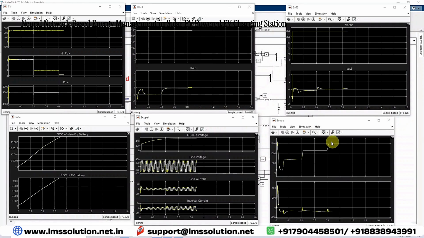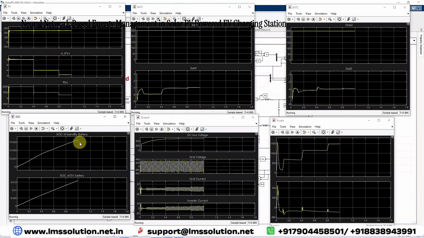Now you can see that because of decreasing PV power, the grid power is increasing. Still storage battery current is negative and EV battery current negative. Both are in charging mode. Battery current keeps on increasing based upon power from the PV and the grid. Now you can see that the PV power is decreasing here. Here you can see that the power is increasing on the grid side. That means grid supplying more power.